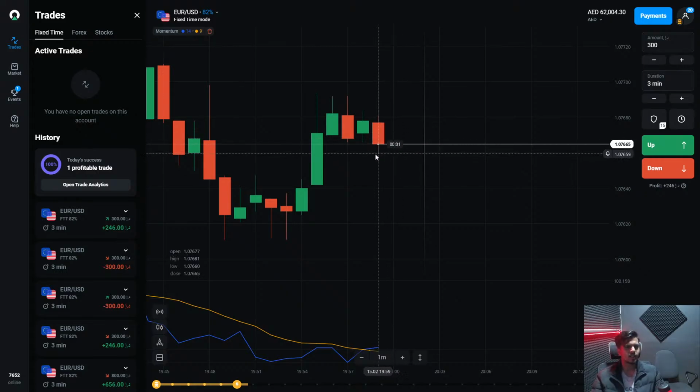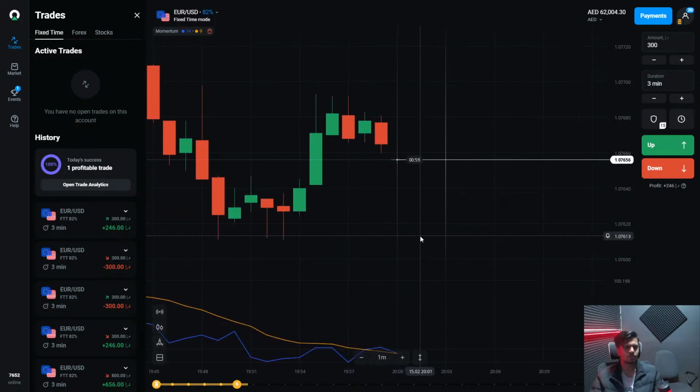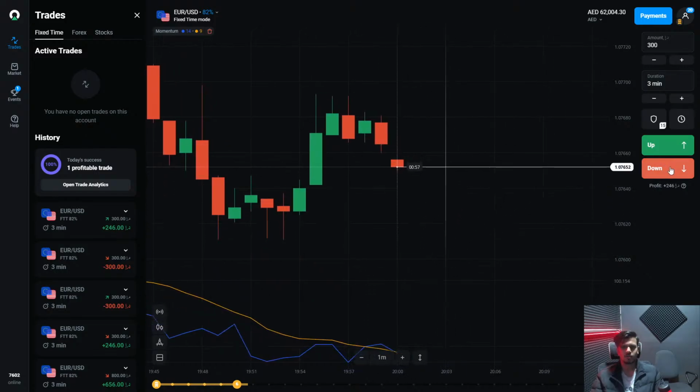Three seconds, and after that a new Japanese candlestick forms. Oh, it's still moving down. Let's wait because it can move upward, so I can wait here. See guys, it's trying to move upward.